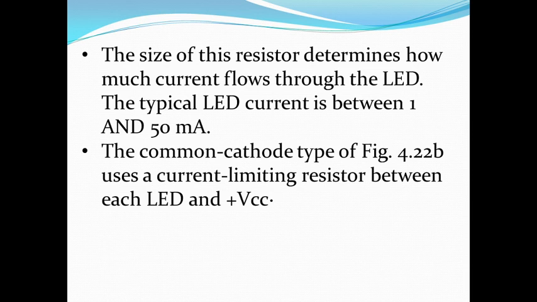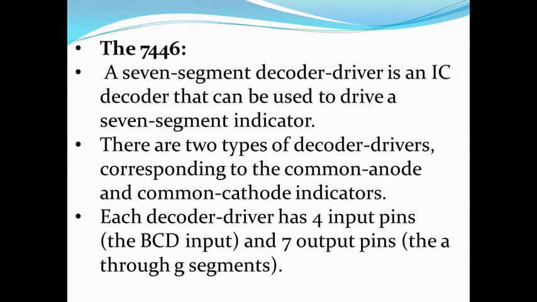The common cathode type of figure 4.22b uses a current limiting resistance between each LED and VCC. There are two ICs known as decoder-drivers, 7446 and 7448. A 7-segment decoder-driver is an IC decoder that can be used to drive a 7-segment indicator.